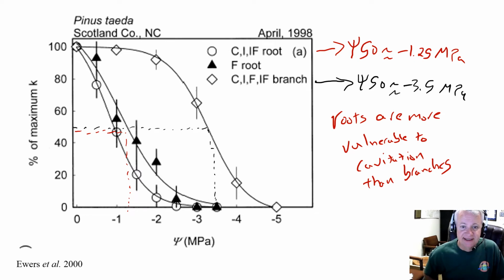In some cases, it's just consistent with the water potentials that tend to be encountered by that particular organ. Branches tend to encounter more negative water potentials than roots do, and therefore it's adaptive for them to be more resistant to cavitation. But there are also some other hypotheses out there, and you can see that when you read the papers. But at any rate, there is variation in vulnerability to cavitation within plants.